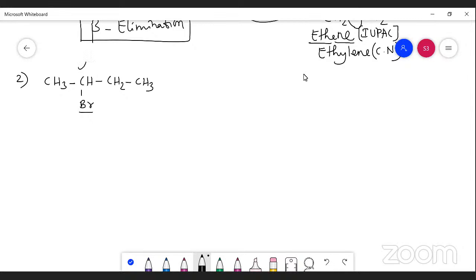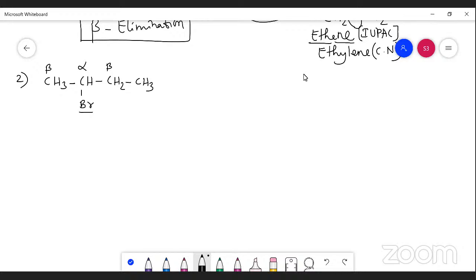This is your alpha carbon, which means there are two possibilities. On the left side there is one carbon, the next carbon is beta. On the right side also that carbon is beta, because I can move the compound to the left side and the right side. There are two possibilities for a non-terminal halide group.